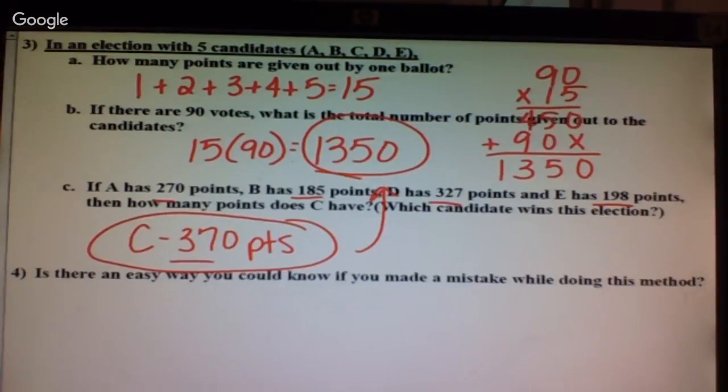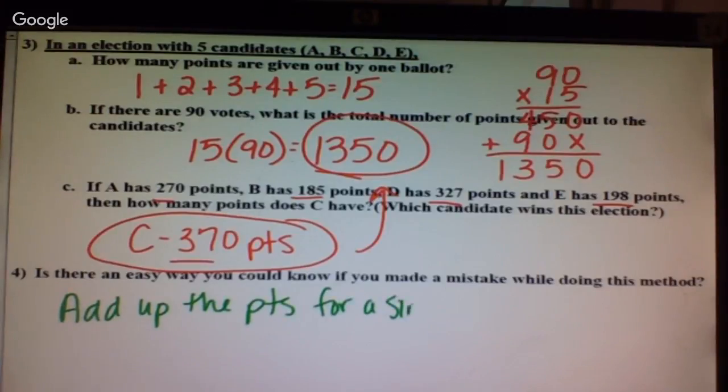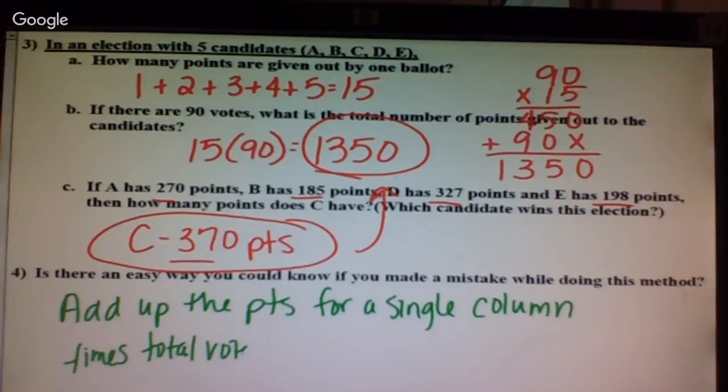So in words, that means add up the points for a single column times the total votes. And that should equal the sum of all candidates.